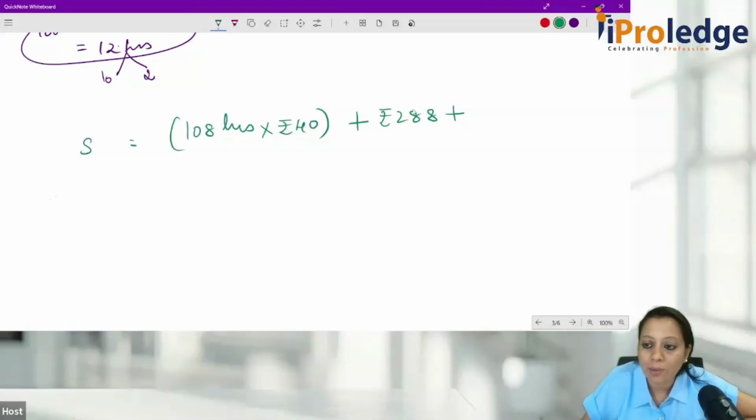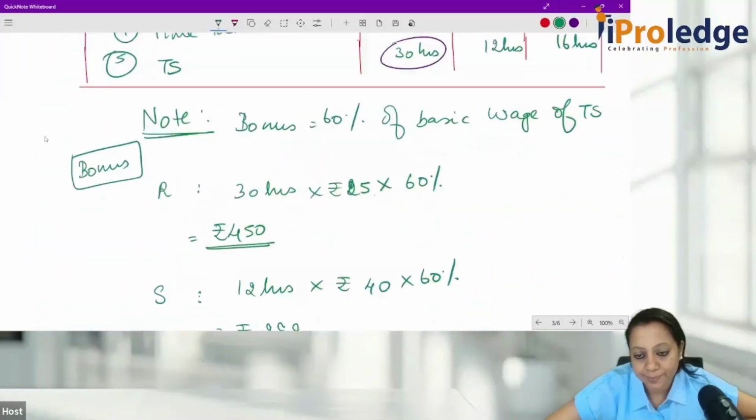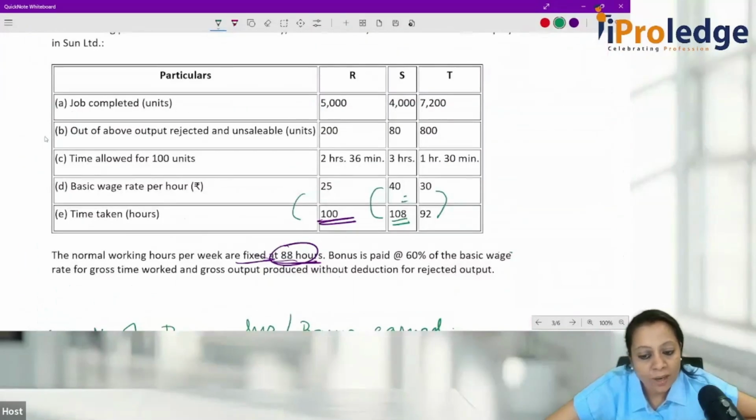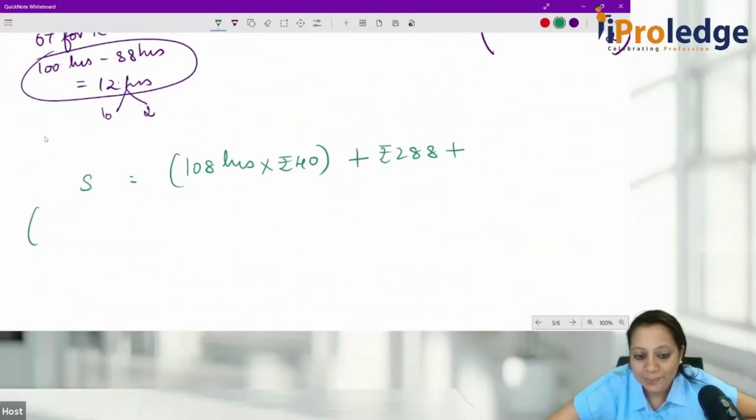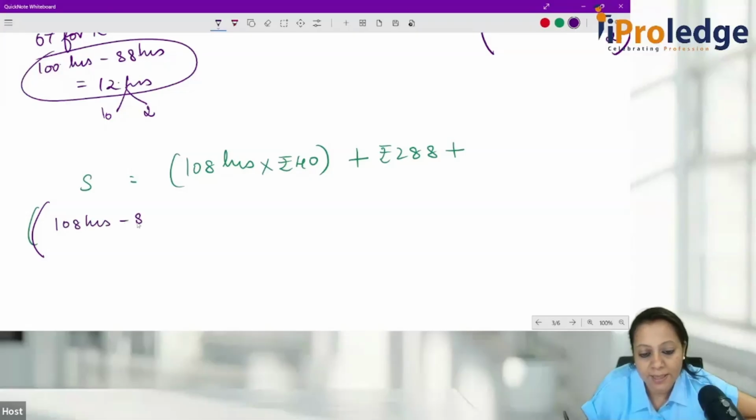Overtime, let us now understand. I worked 108 hours. How many hours should I work? 88 hours only. 108 minus 88 hours, 20 hours.